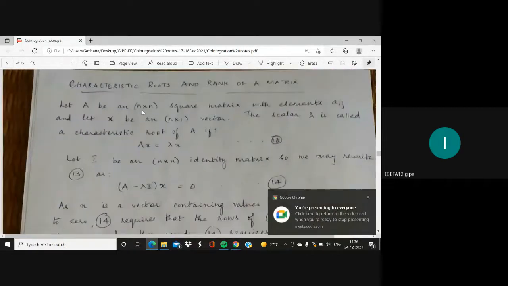Okay, so for today's class, I had asked you all to just revise the portions related to rank of a matrix and characteristic roots. I hope you all have learned these things before. Have you all learned all this before? Ma'am, rank we are partially aware of.